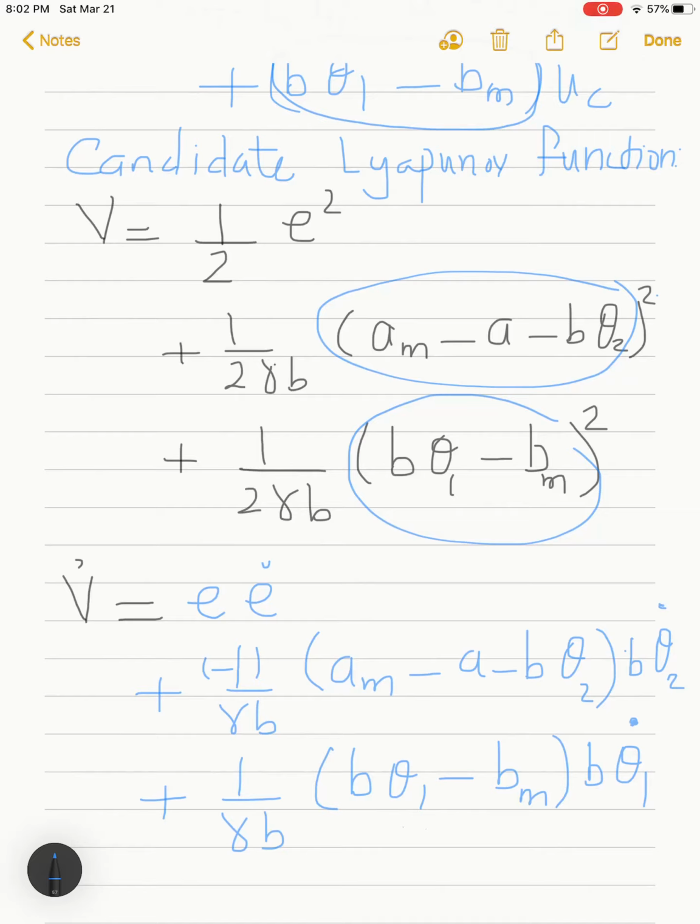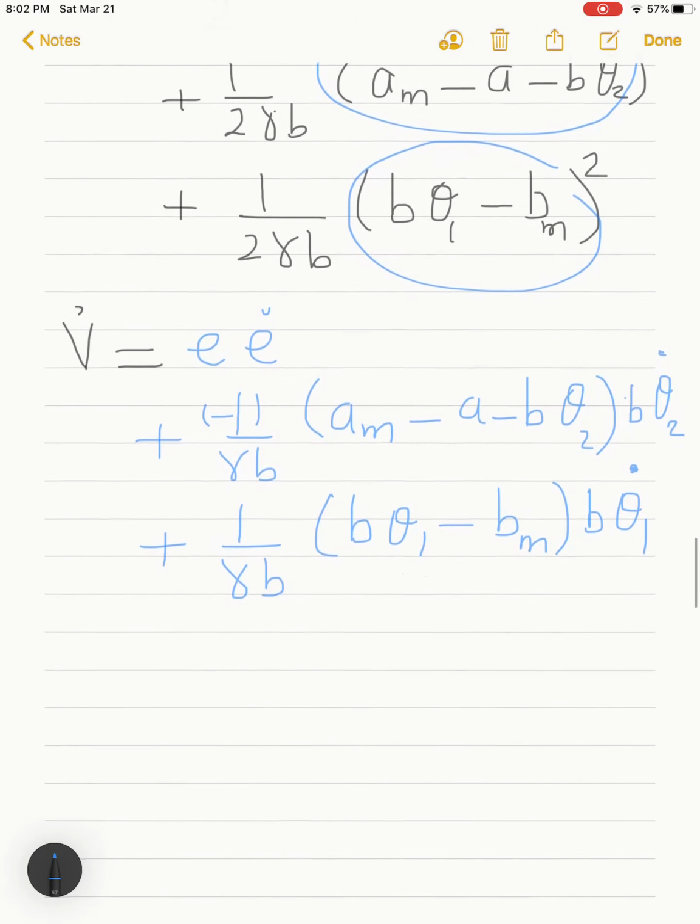So now this is the equation for v dot, and again I'm going to substitute for e dot.